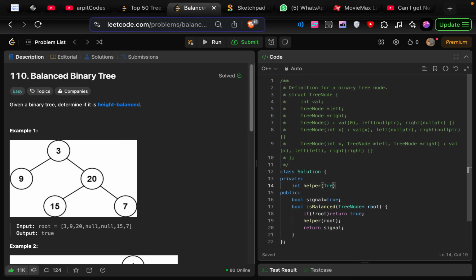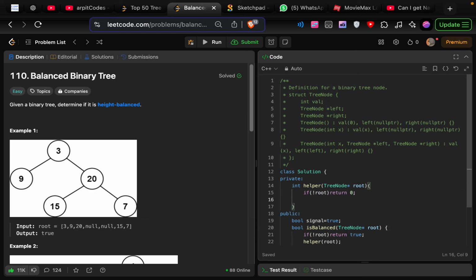So if root does not exist, return 0, and otherwise return 1 plus max of helper of root left and helper of root right.